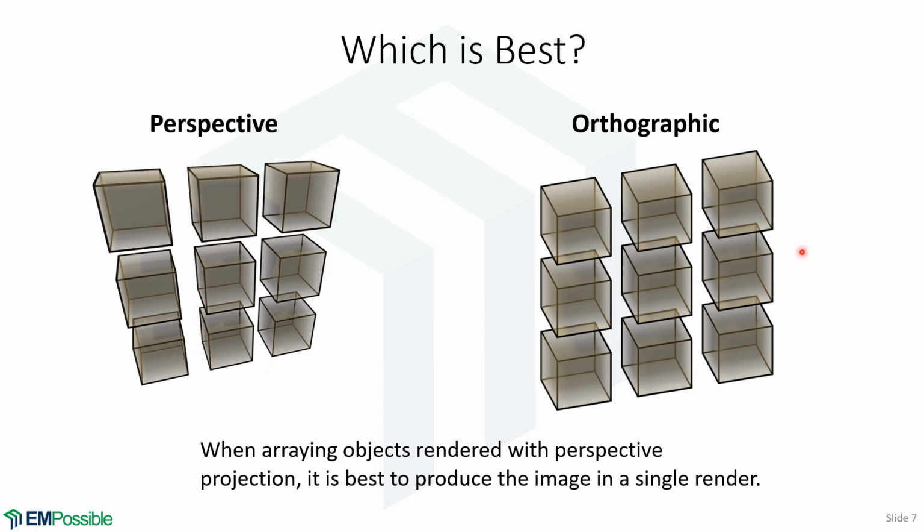They don't all look the same like in orthographic. And so to our eyes, this is very intuitive. So when you're arraying multiple objects in perspective mode, you really should not render them separately, render them together. If you absolutely must render them separately, I really think you should use orthographic projection instead of perspective.